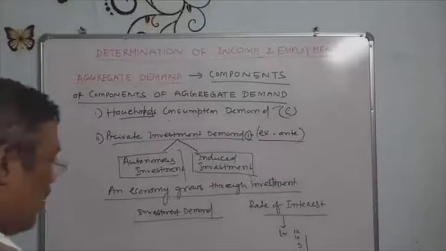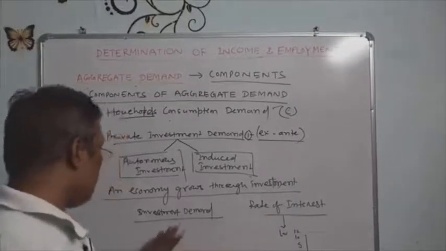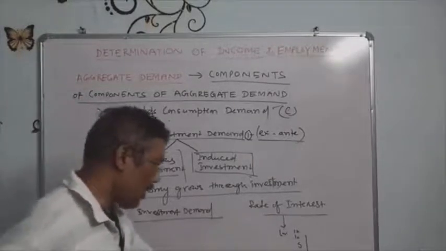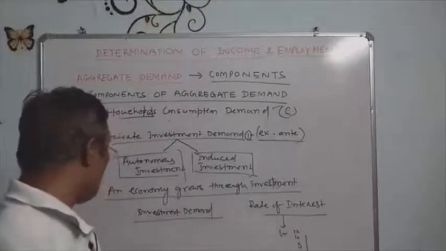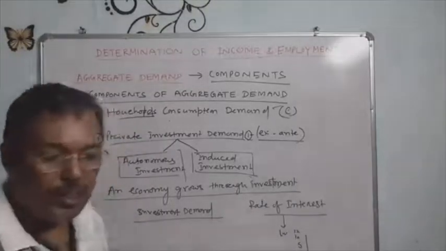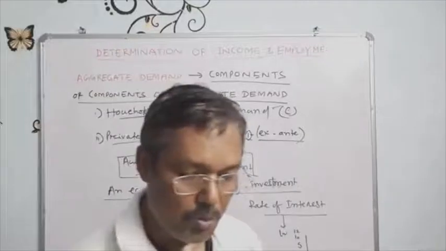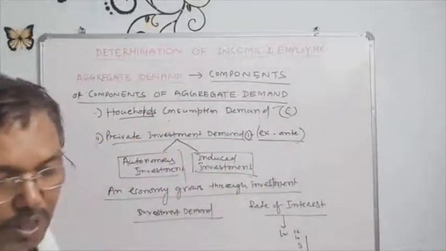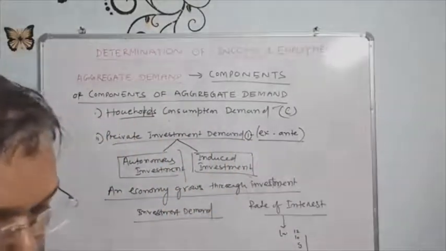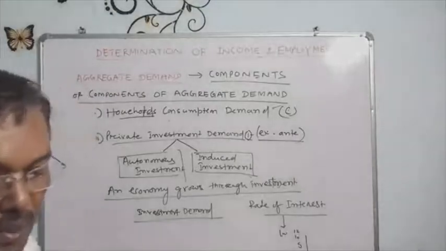If the rate of interest increases, investment will be less. If the rate of interest decreases, investment will be more. That relationship between investment demand and the rate of interest is called the investment demand function.